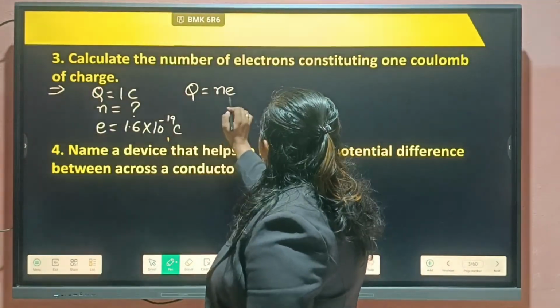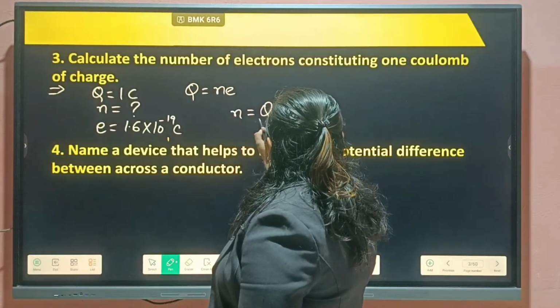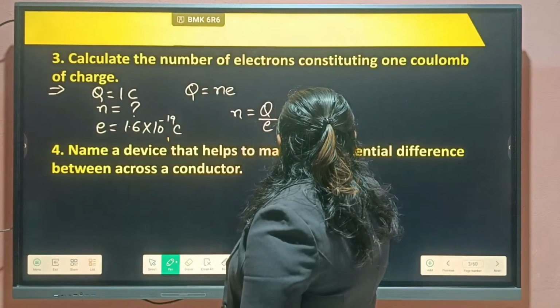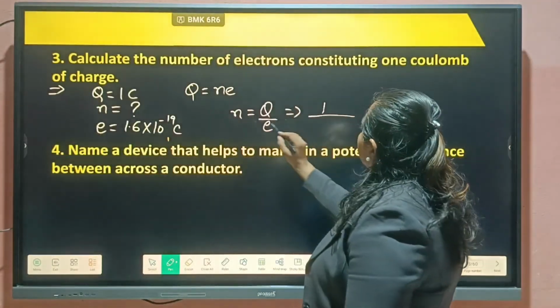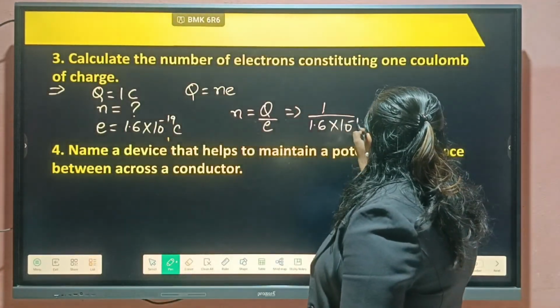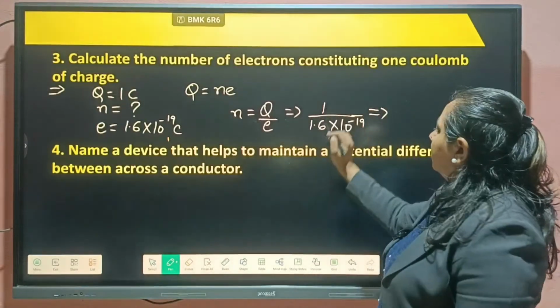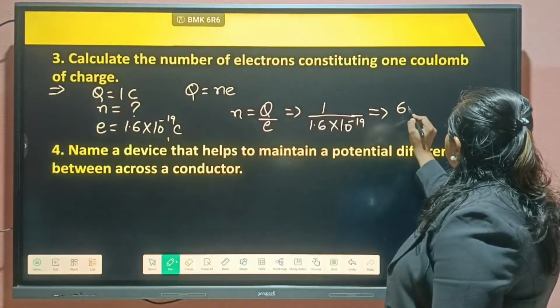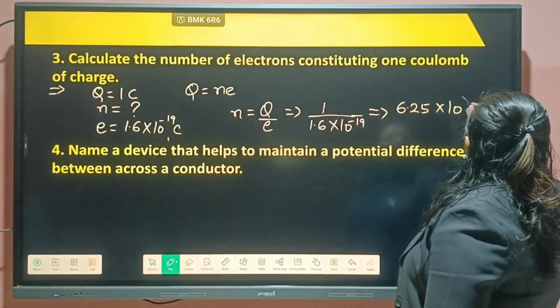So Q equals ne, we have to find n, that means n equals Q over e. What is Q? 1 coulomb. What is the value of e? It's 1.6 into 10 raised to the power minus 19. It goes up, divide 1 by 1.6, so it will be 6.25 into 10 raised to the power 18.